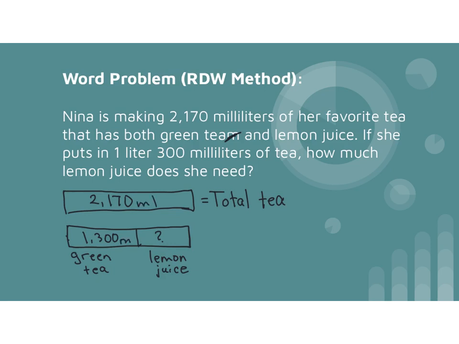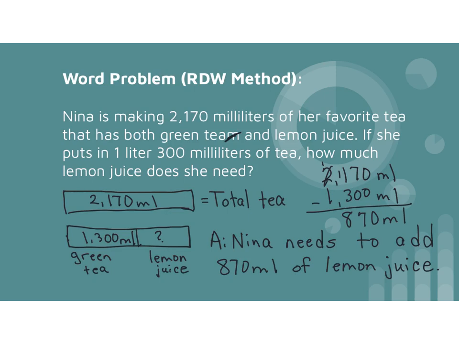So to get that, we would take 2,170 milliliters, subtract 1,300 milliliters, and then we would get the amount of lemon juice that we need. Okay, Nina would need to add 170 milliliters of lemon juice to reach her total amount of tea, which is 2,170 milliliters. So let's write that as a statement.